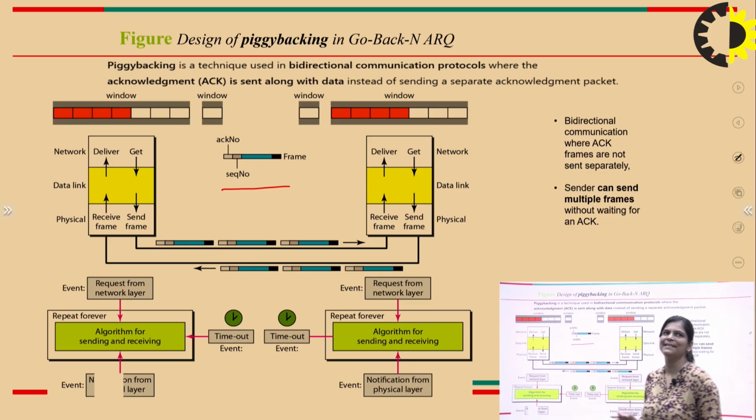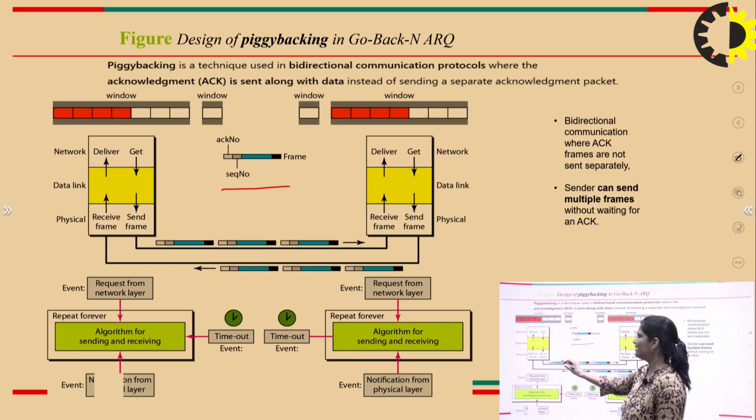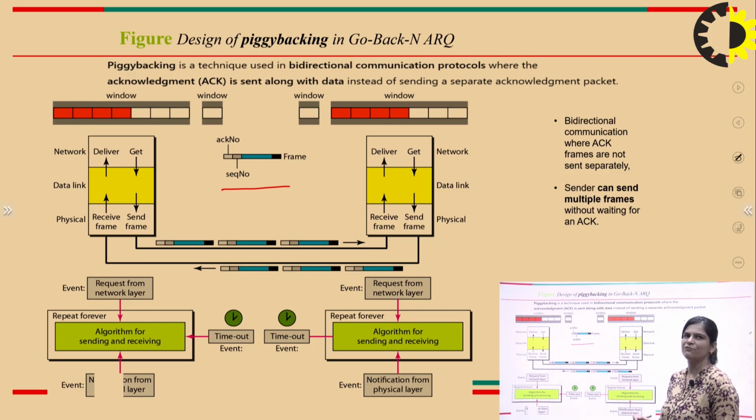This process is bidirectional: we send data with a sequence number and get an acknowledgement. When we get this acknowledgement, we can send a frame from receiver to sender also, with the acknowledgement number of the previous frame sent from the sender to the receiver.